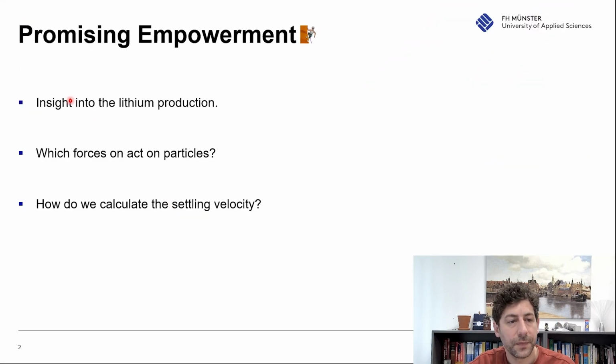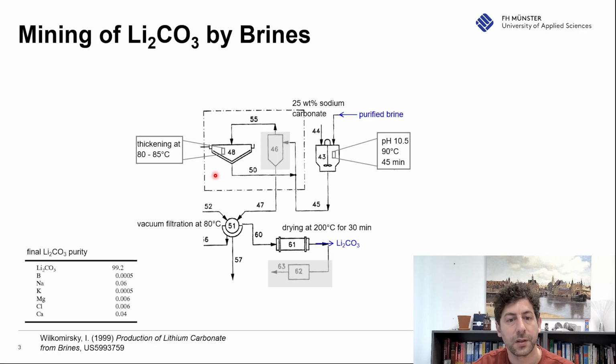Therefore, I will just shortly repeat the content about the lithium production, and then we will again ask ourselves which forces act on particles, and then we will calculate the settling velocity of these particles. Basically we learned about these brines where lithium carbonate is precipitated.